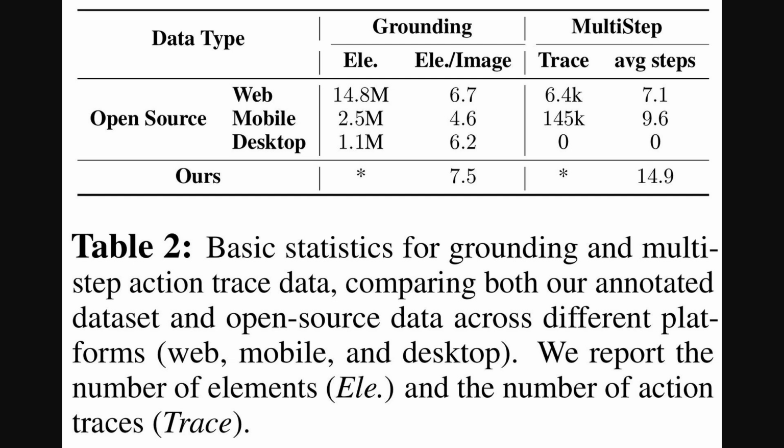What stands out is that their custom dataset, well, it has a higher average number of elements per image for grounding, 7.5 compared to lower numbers for open source. And importantly, their multi-step action traces are much longer on average, nearly 15 steps compared to around 7 to 9 steps for the open source data. So this really highlights how they focused on creating data for more complex interactions.